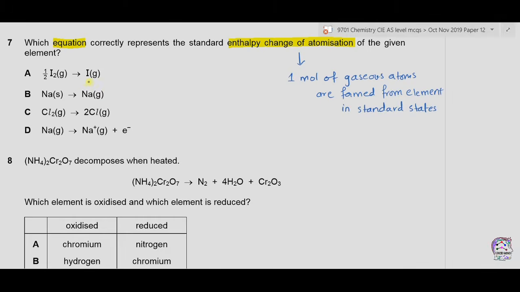Now we can see in A we have 1 mole of product, in B we have 1 mole of product, in C we have 2 moles, so therefore C is incorrect. In D we have 1 mole of ionic product.